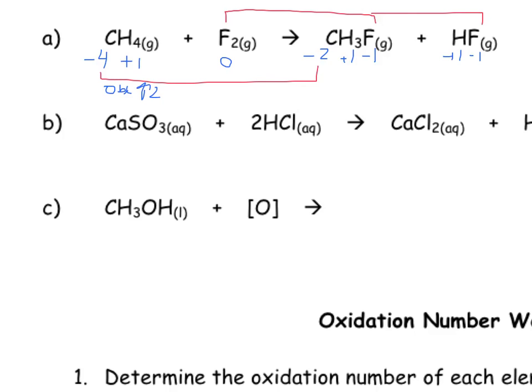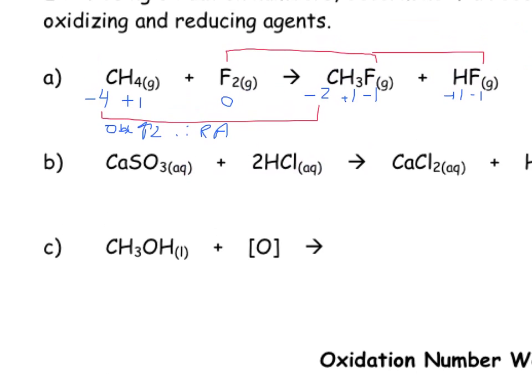Therefore, it's known as the reducing agent. And because the oxidation number of the fluorine went down, it got reduced. Therefore, it caused the carbon to be oxidized, so it is known as the oxidizing agent.